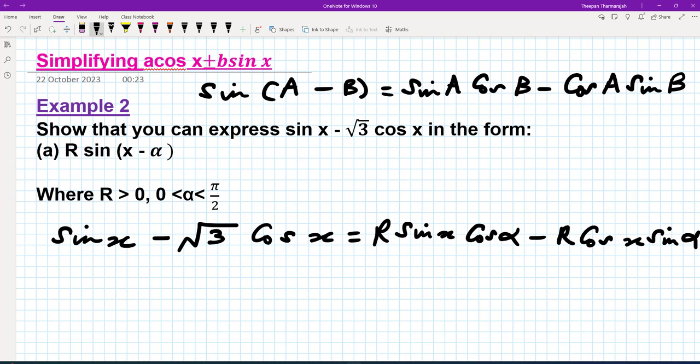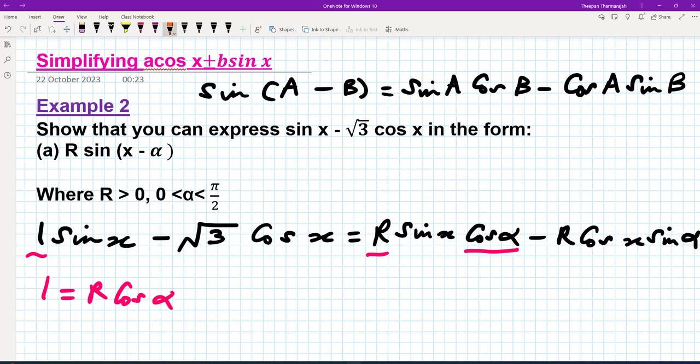So don't forget the coefficient of sine x on the left hand side is 1. So we can say that 1 equals r cos alpha if you equate the coefficients.